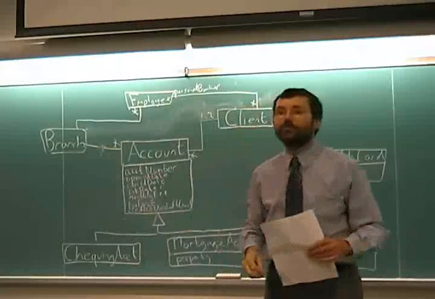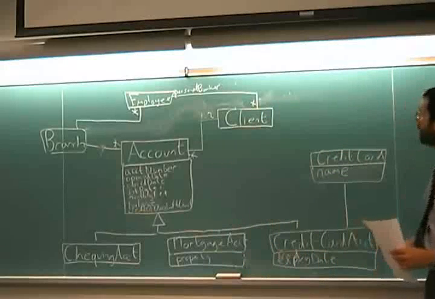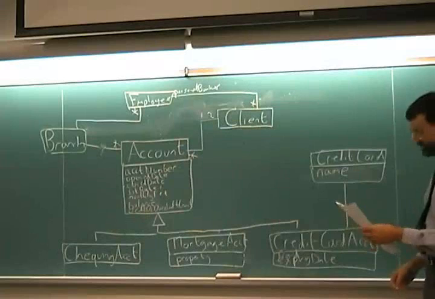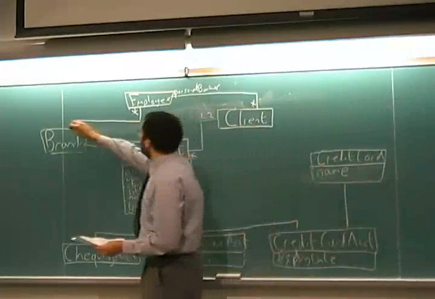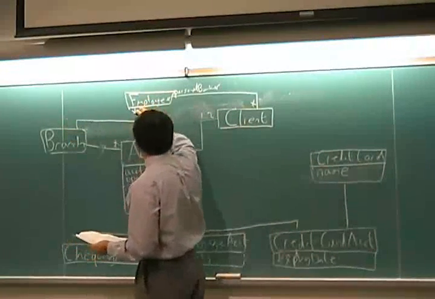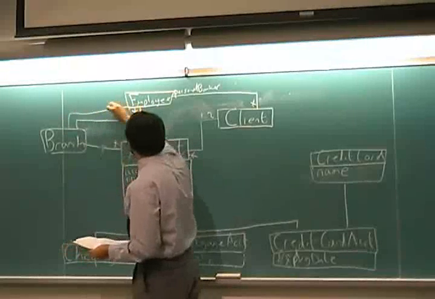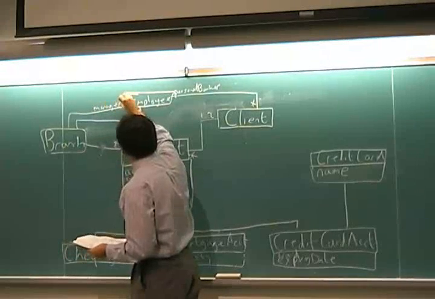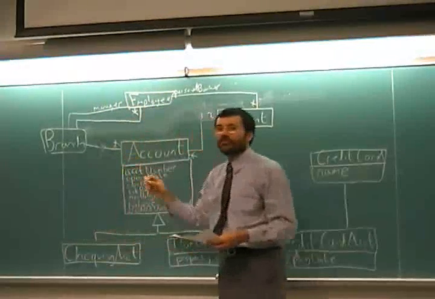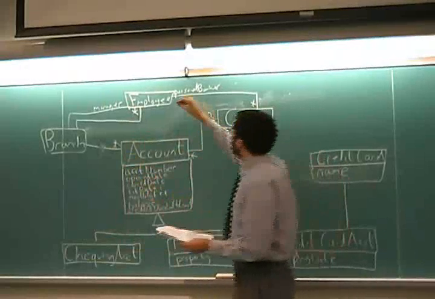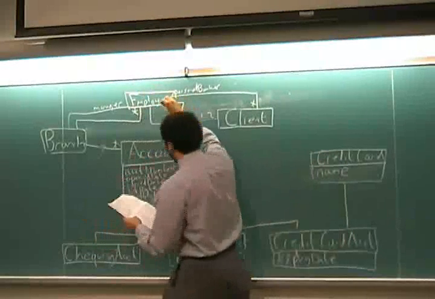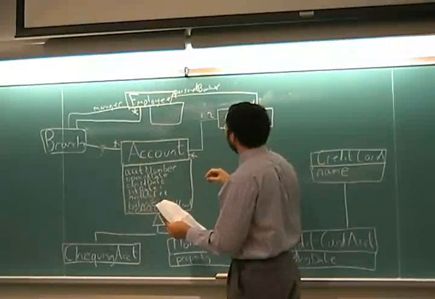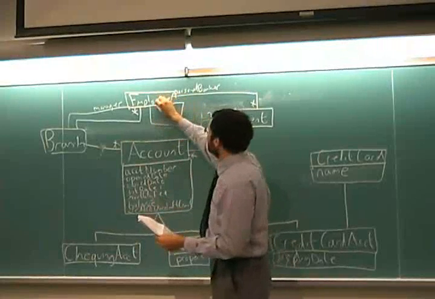Yeah? In between branch and employee, you can put manager. Okay, we can have a manager association there. So we have a bunch of employees that work for the branch, and one of these is going to be the manager. It says employees work for a manager. Another way I could do that would be a relationship that says works for another employee.